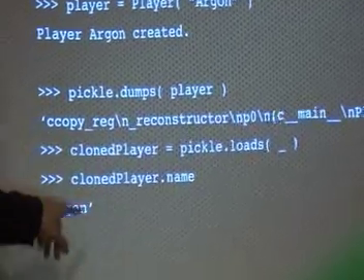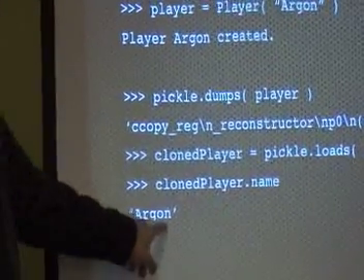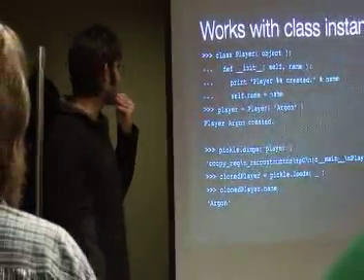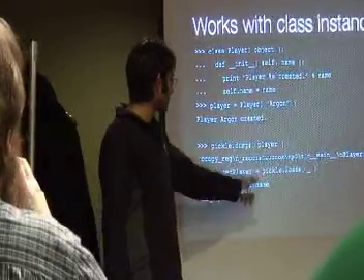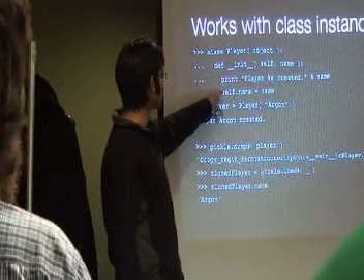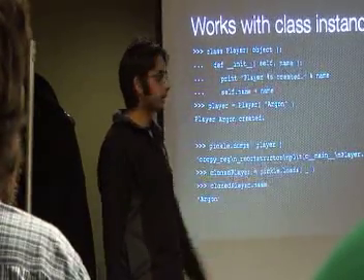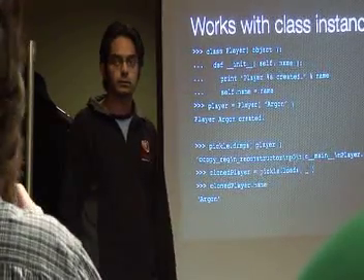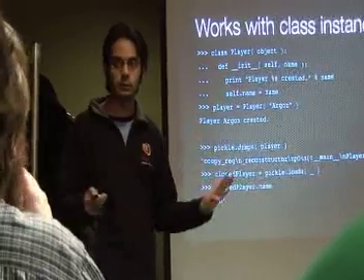And just as a proof of concept, we're saying, okay, clone player, what's your name? And it says Argon. Now, the really interesting thing here is that when it recreated the player, it didn't call the constructor, because it didn't print out Player Argon created. That weirded me out when I first used this. It was like, what the heck is it actually doing under the covers there?